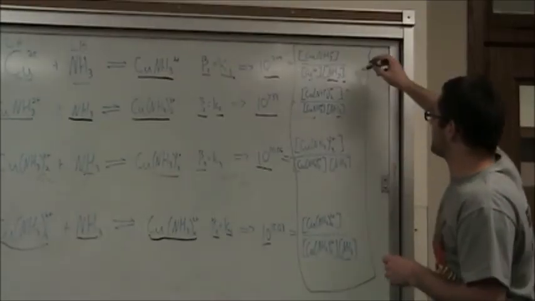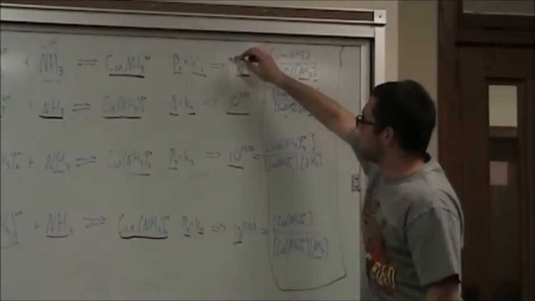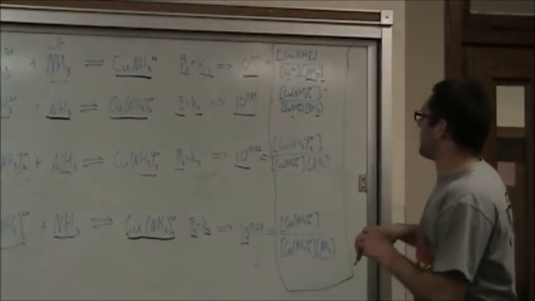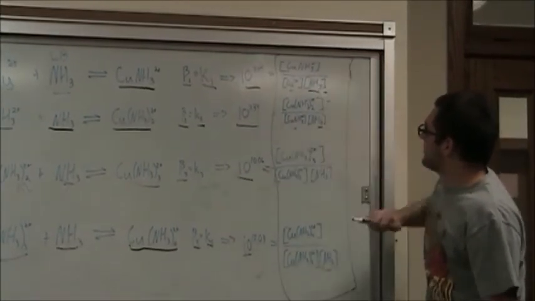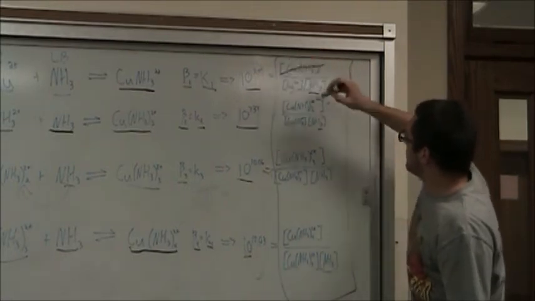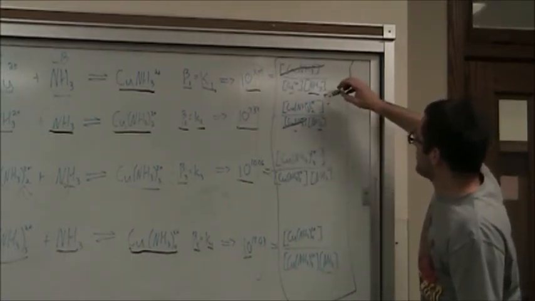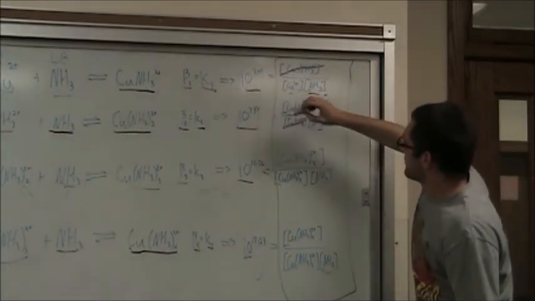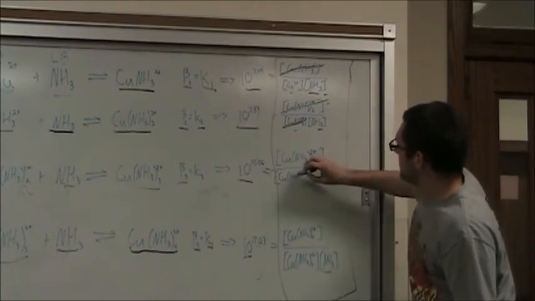Now to find the KSP for the overall reaction, we multiply, if you're going by values, all the beta values together, but we're more concerned about the actual equation. So multiplying all these together, this copper ammonia 1 would cancel out with this one right here. Your copper ammonia 2 is going to cancel out with copper ammonia 2 here.